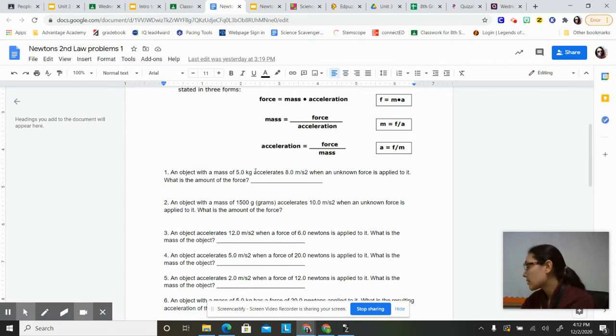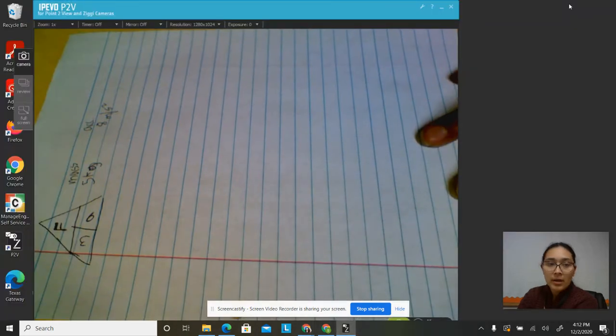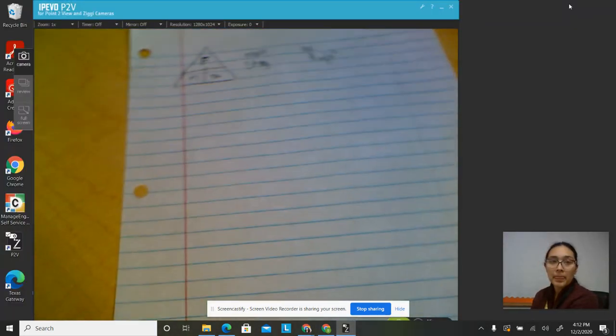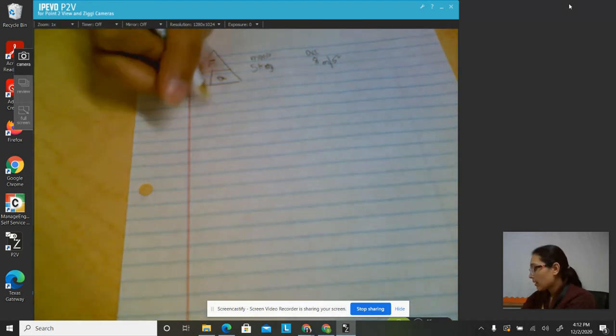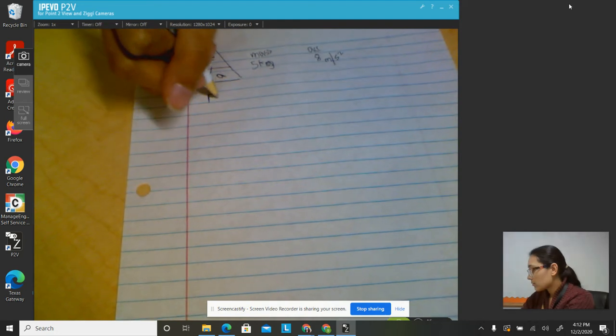So I know my mass is 5 kilograms, and I know my acceleration is 8 meters per second squared, because that's what it says. It's asking for the amount of force. As you can see, I have my mass and my acceleration written down, and I'm looking for force.